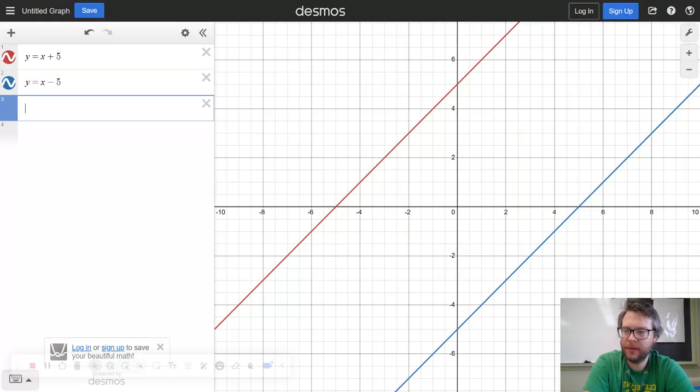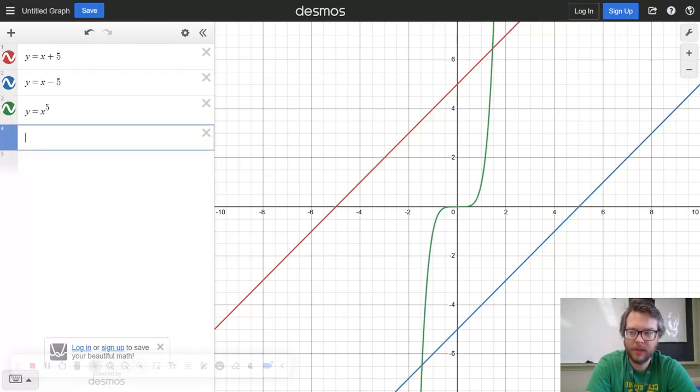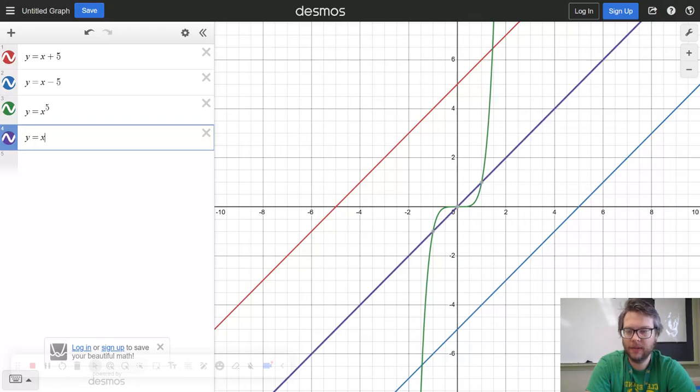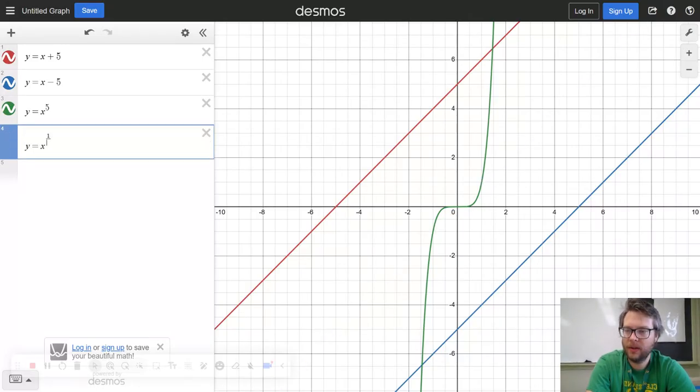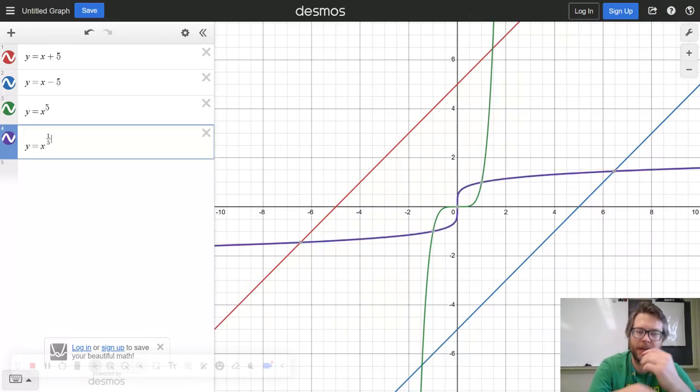Then I did an example of y equals x to the 5th power. And the inverse of that is the 5th root of x. I'm just going to write that as the 1/5 power, just to remind you of that. So there's definitely some symmetry going on here between an original function and its inverse.